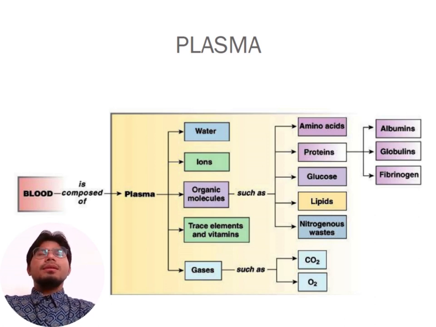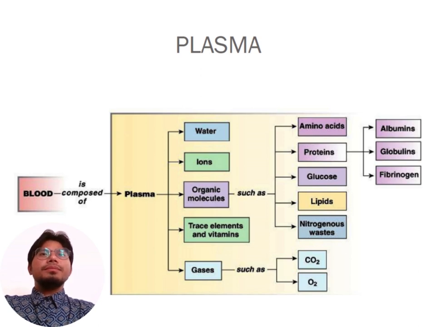After being digested, they may produce the smallest molecules of carbohydrate, glucose, lipids, protein, and also amino acids. We also have trace elements and vitamins in plasma, and of course gases such as carbon dioxide and oxygen. There are also other gases. For example, if we accidentally inhale hazardous gases such as carbon monoxide, it will be present in human plasma.